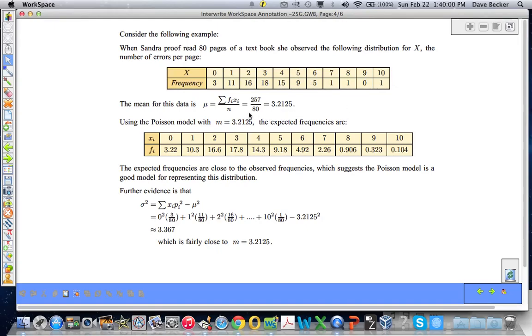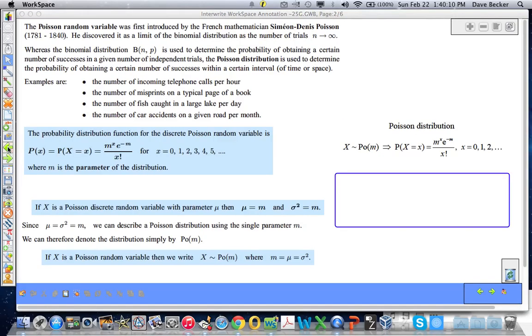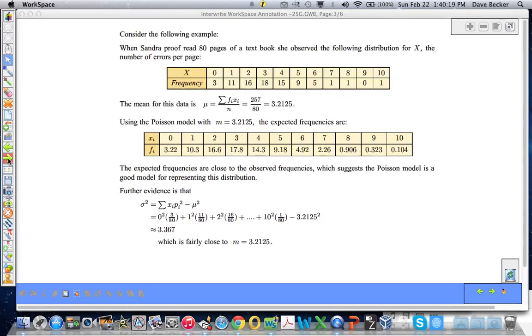Okay, easy peasy, calculating the mean of all this data, 3.2125, and using the Poisson model, which is right here, for a particular value. So using this formula, we came up with these frequencies.